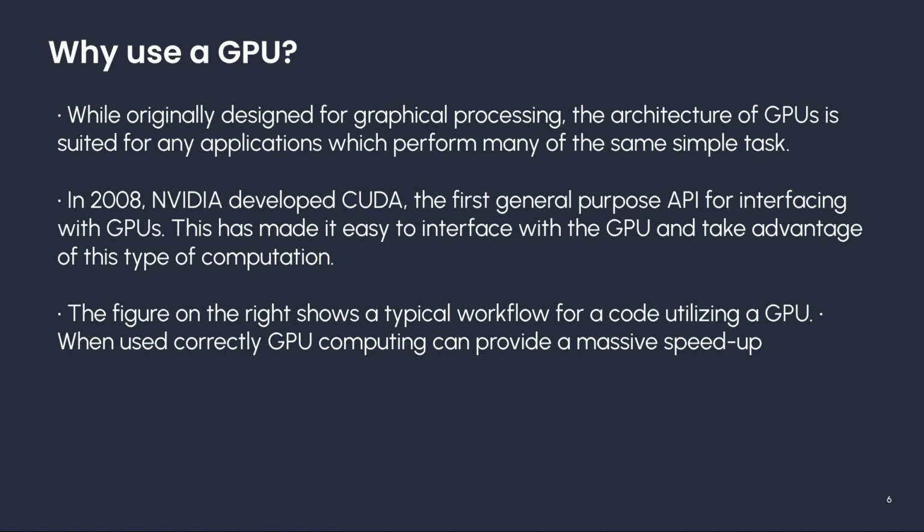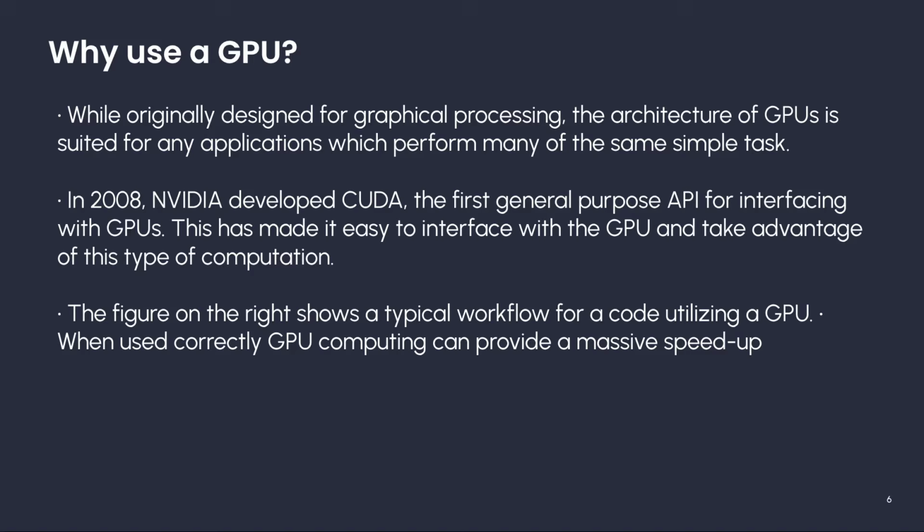So why use a GPU? While originally designed for graphical processing, the architecture of a GPU is suited for any application which performs many of the same simple tasks. Like machine learning, where we have to perform matrix operations thousands of times, GPUs are essential.